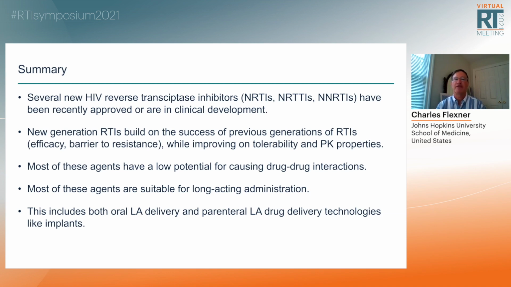Most of these agents have a low potential for causing drug-drug interactions, and most are suitable for long-acting administration. That includes both oral long-acting delivery, as we heard about for islatravir and MK-8507, and parenteral long-acting delivery, as we heard about for islatravir.